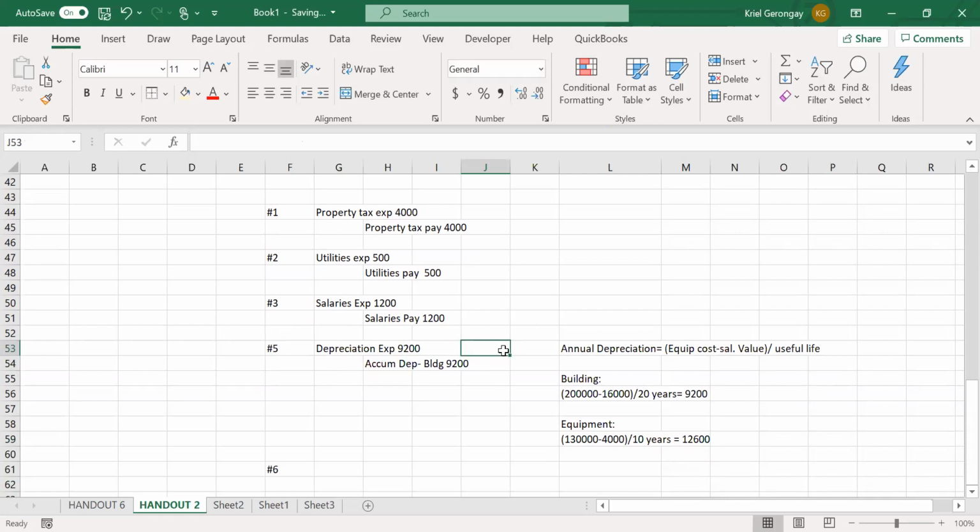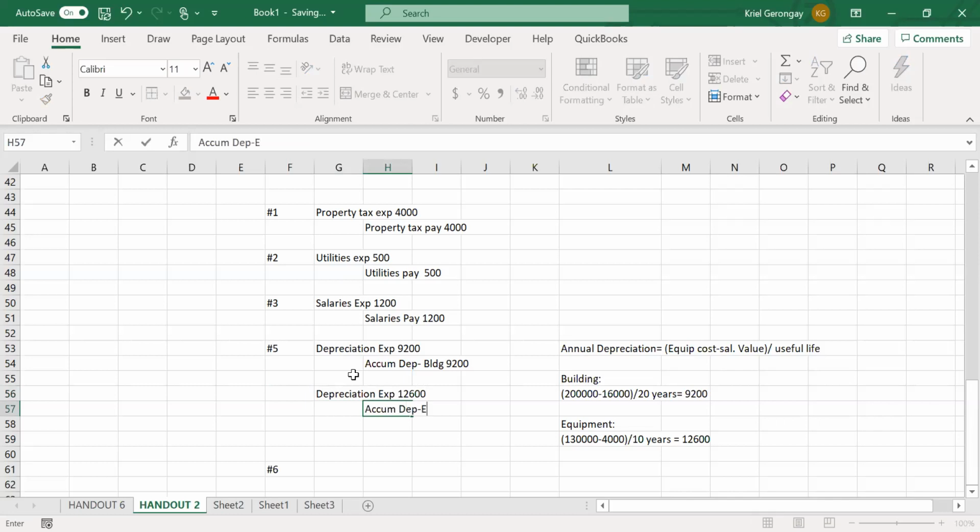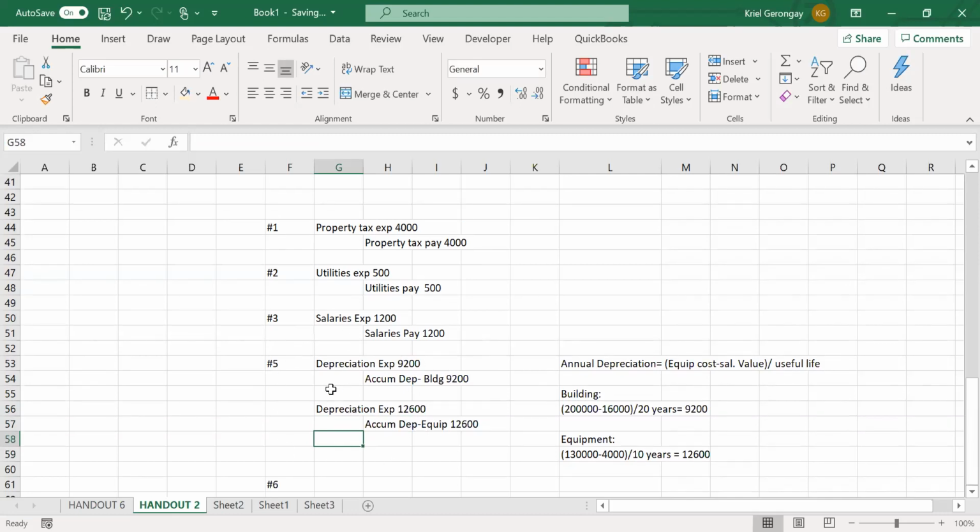And for the equipment, depreciation expense of 12,600 and accumulated depreciation of 12,600. So this is how we record the adjusting journal entry for number 5.